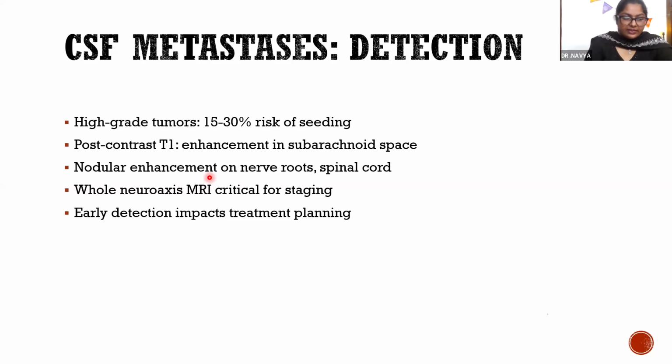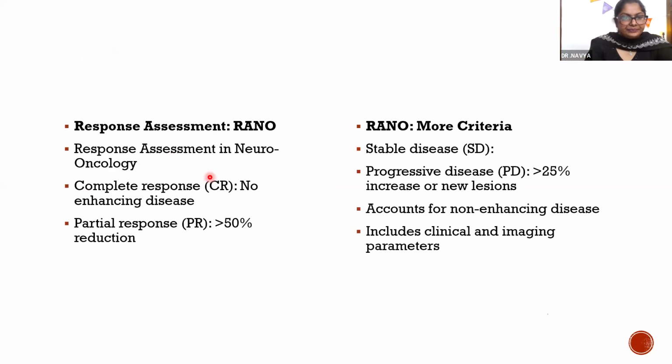That shows there will be meningeal signs along with CSF involvement. Early detection, of course, will impact my treatment. I would think of probably adding intrathecal regimens. Many of the children will be on an Ommaya reservoir, where we instill the methotrexate, and we send the values for the methotrexate levels.